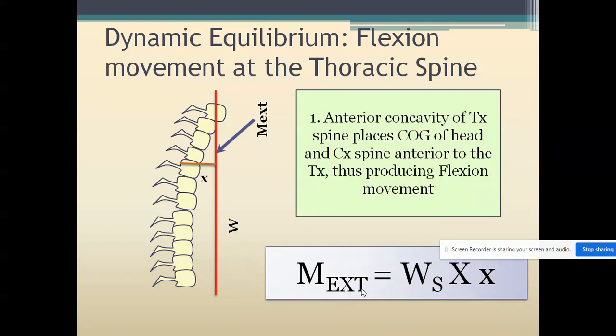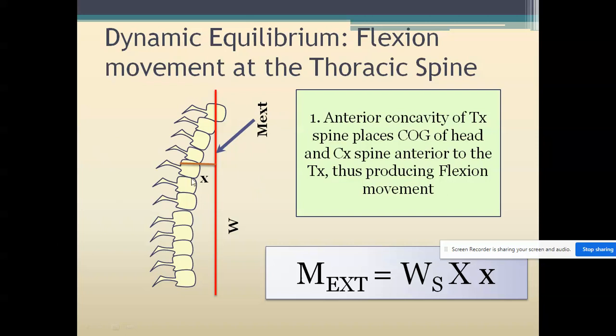The MEXT is nothing but movement produced externally. The spine is bending because we are bending it, because we are fatigued and tired of maintaining the spine upright in an erect posture, so we tend to slouch. That is externally produced movement.